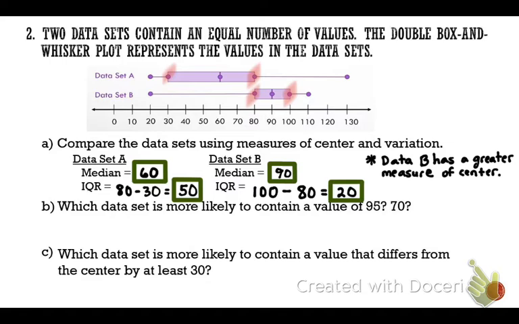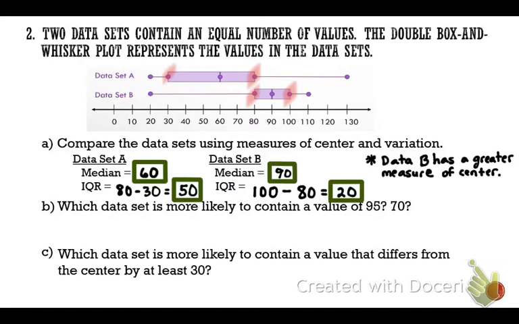It doesn't only ask us to compare the measures of center, it also says to compare the measures of what? Variation. Hayden, what does variation mean? Is that the median or is that the IQR? It is the IQR. So now we're going to compare the IQR. Data A, what was that IQR? 50. What is data B's IQR? 20.